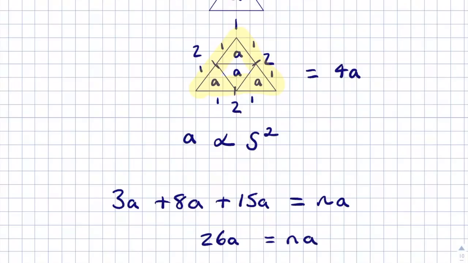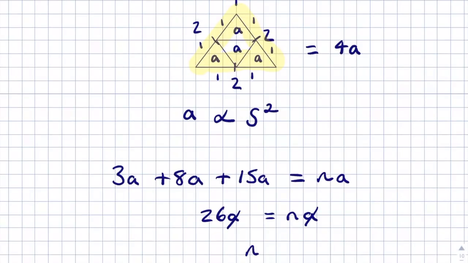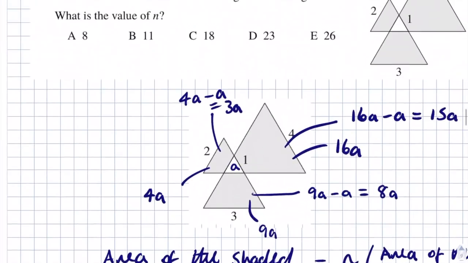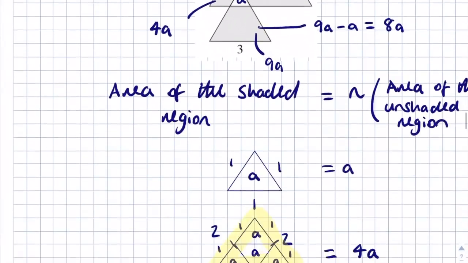Both sides have a constant of A, which cancels out, and I get a value for n of 26, which is answer E.